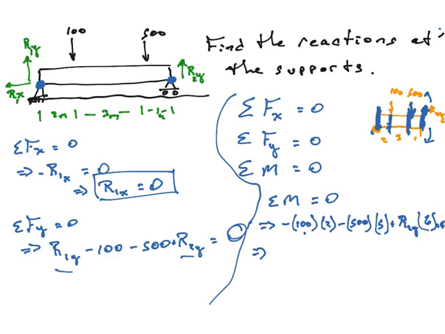So what do we get? We have minus 200 minus 2500 plus 6 R2y is equal to 0. That tells me R2y is 2700 over 6, which I get my calculator out, and I find 450.